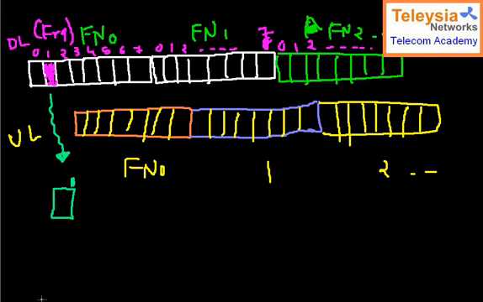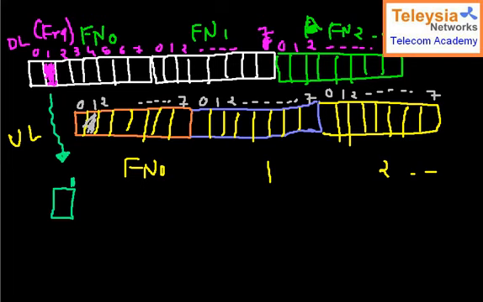Let me give a number here also. This is 0, 1, 2, up to 7, 0, 1, 2, up to 7, 0, 1, 2, up to 7. So this is my one time slot here, and this is the same time slot in uplink.